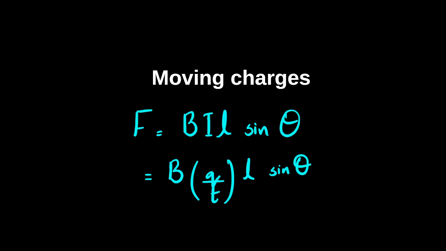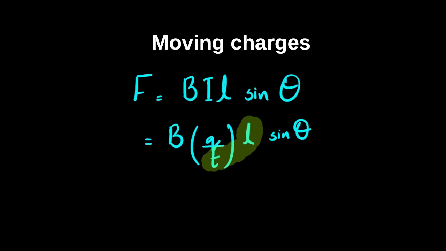So if you think about all of L over T, that's really just the length moved divided by the time in which that length is moved. So this is really just the linear velocity of the charge. So we can also write this equation like this: it's BQV sine theta as the force which acts on a moving charge in a magnetic field.